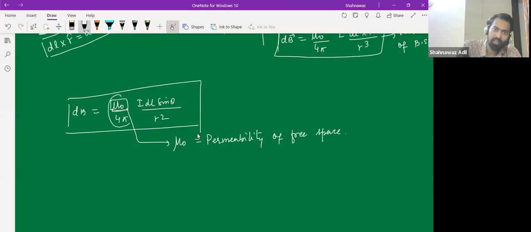Right. In electric charges, what did we have for electric field? Permittivity of free space.